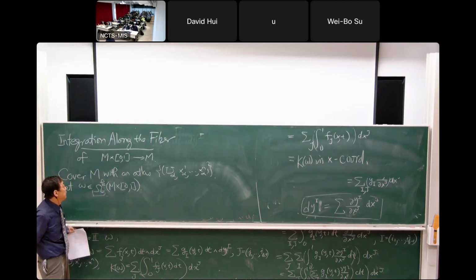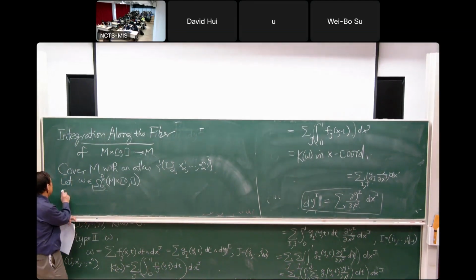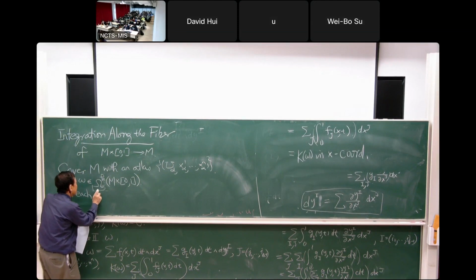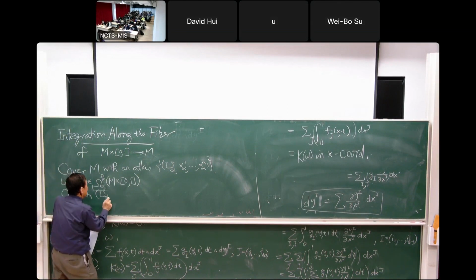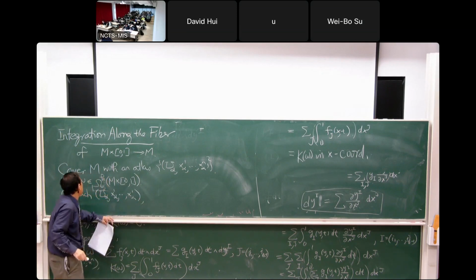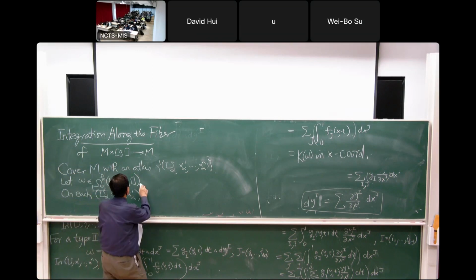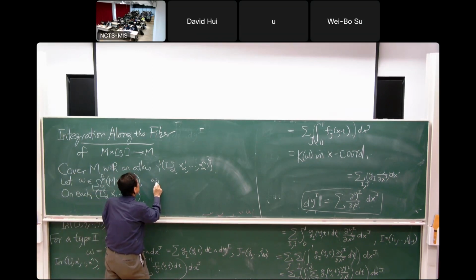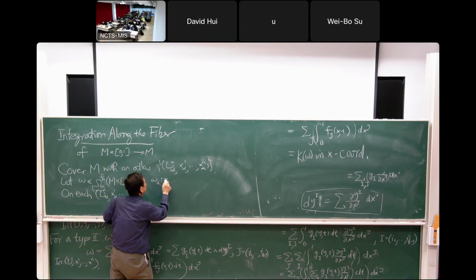And on each chart, let's say the restriction to U alpha, we call omega alpha.